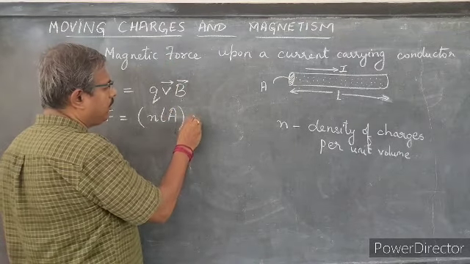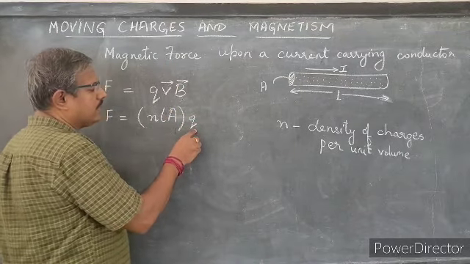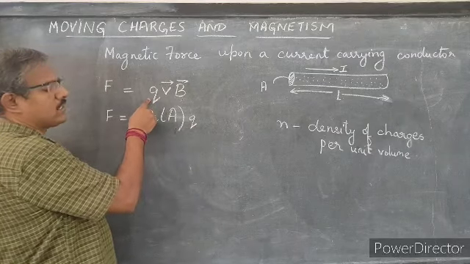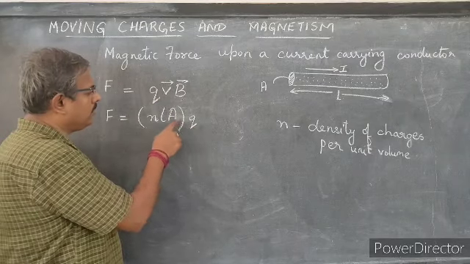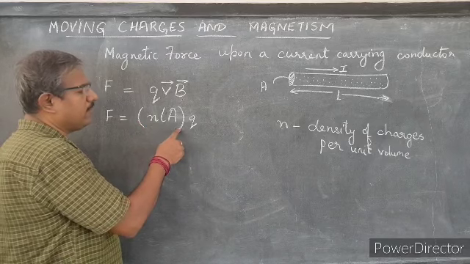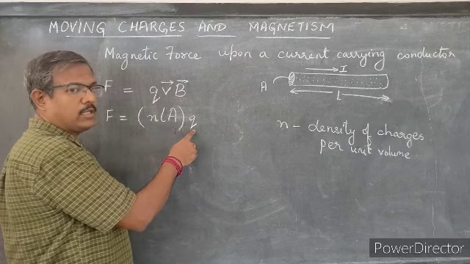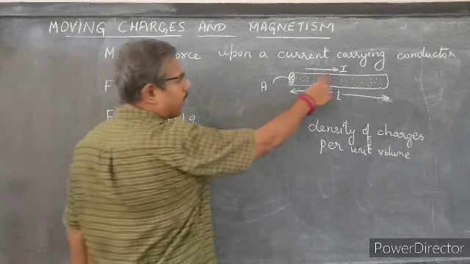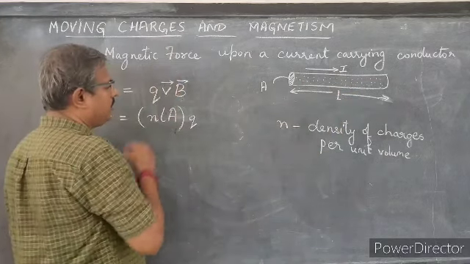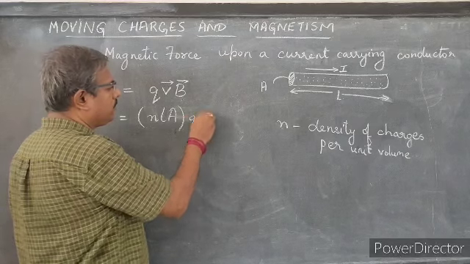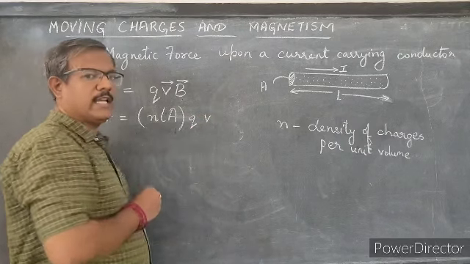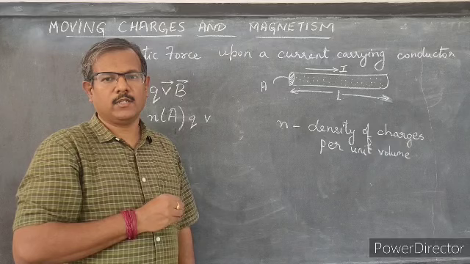This into Q, because in the previous equation Q was one charge, but now this is the total number of electrons that are available for me to conduct the current. So this into Q gives me the total charge present in this conductor. So Q into, what is the velocity with which the electrons are moving?